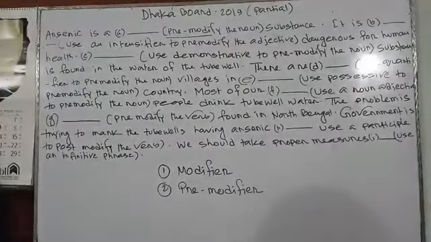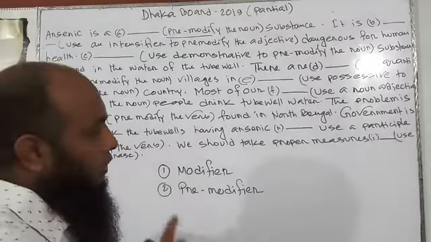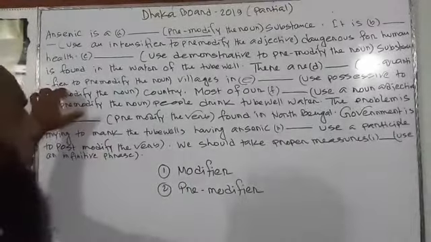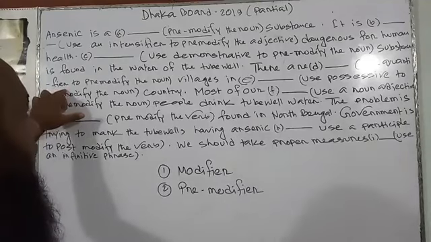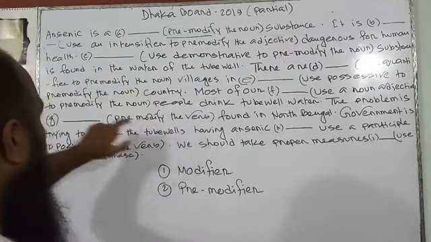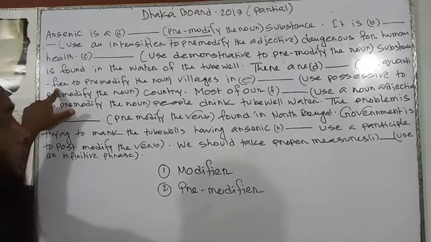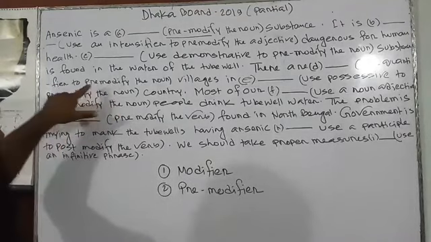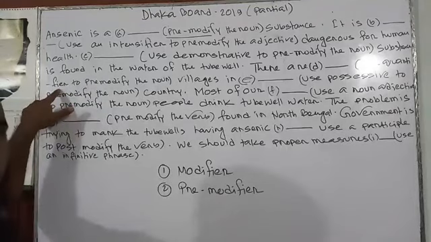Now, substance is found in the water of the tube well. There are D, gap, that means the blank, use quantifier. Okay, my dear, then you have to know what is demonstrative and also here what is quantifier, to pre-modify the noun. Of course, it is a pre-modifier, but you have to use here quantifier, and you should know what is quantifier.